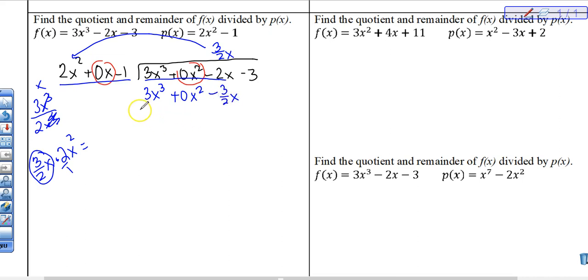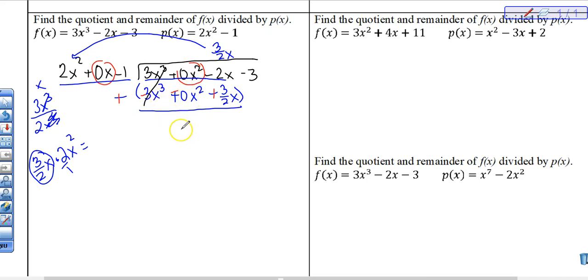Okay, so those dang fractions are always throwing us off. All right, so we're going to subtract this quantity, which means we're going to change the signs, right? Plus, minus, minus, plus. And then we subtract. So we did what we wanted. Here was our ultimate goal, to get those two numbers to cancel out and get rid of the cube. We're done.